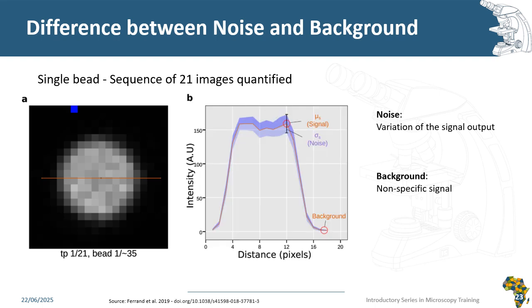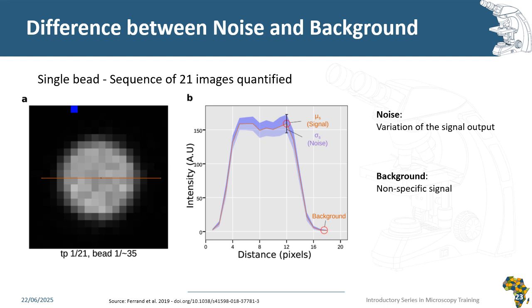If you measure and quantify it 21 times, what you see is that you have your signal in orange, and around the signal you have some non-constant variation. This is really the noise, because it's not constant, and you can evaluate it, as we have done, by taking multiple images of the same object.